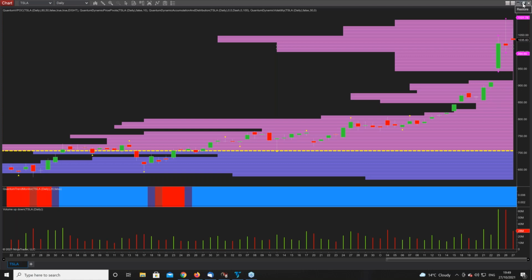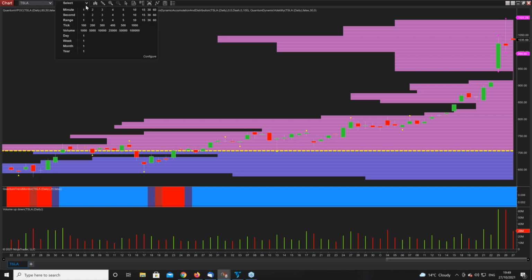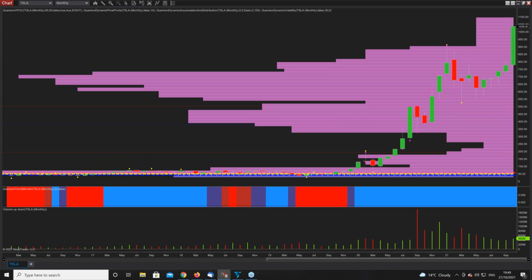But what's more interesting, that's on the daily. If you move this over to the monthly, very slow time trail, I agree, but if you look at the context of the volume here against the monthly price action, to say that that is an anomaly is, I would suggest, the understatement of the year.